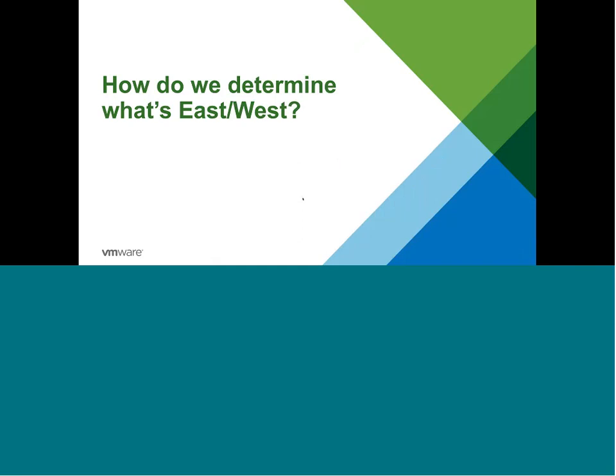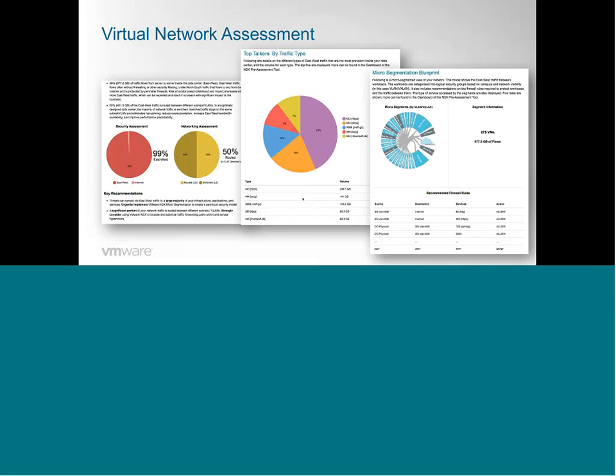So in brownfield environments, or even in greenfield environments, as you have organizations with hundreds to thousands of applications, it becomes very difficult to figure out all the interdependencies of an application. So what VMware has done, and I'll talk about this a little bit later, is this concept around the virtual network assessment, leveraging the VMware vRealize Network Insight tool to provide this information back to a customer.